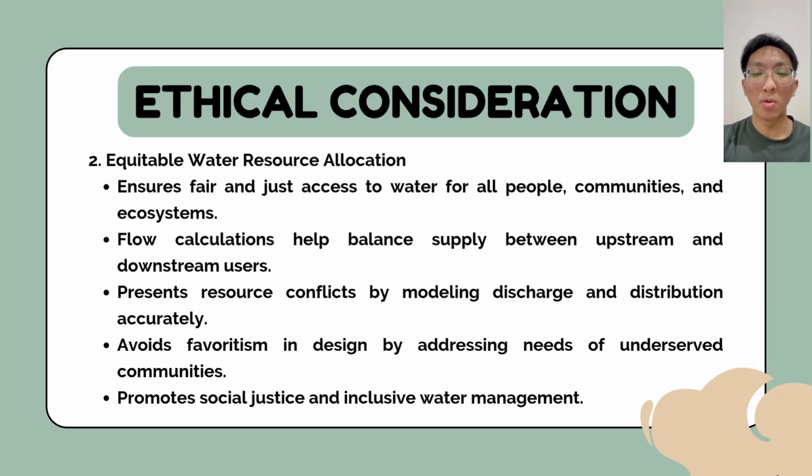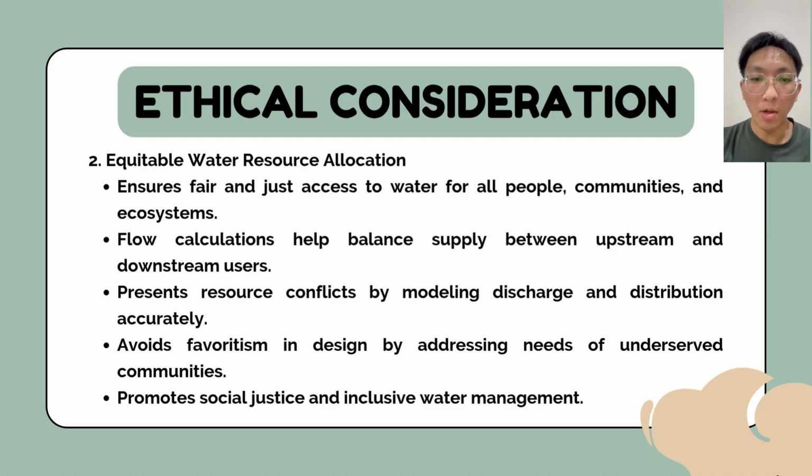Next, let's look at the ethical consideration of equitable water resource allocation. This principle focuses on ensuring fair and just access to water for all people, communities, and even ecosystems. Everyone, whether they live upstream or downstream, should have the right to clean and sufficient water.